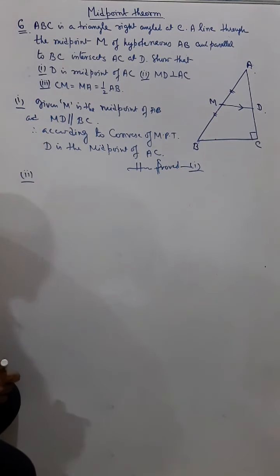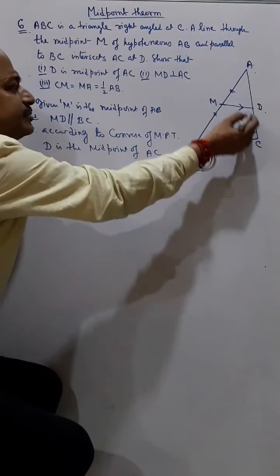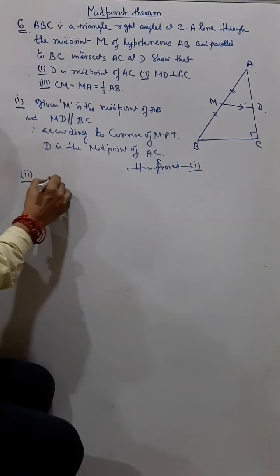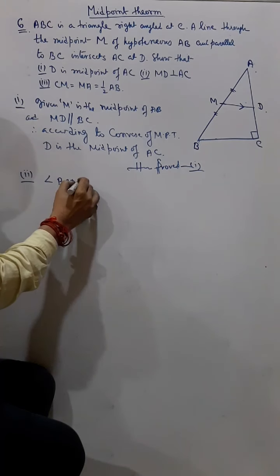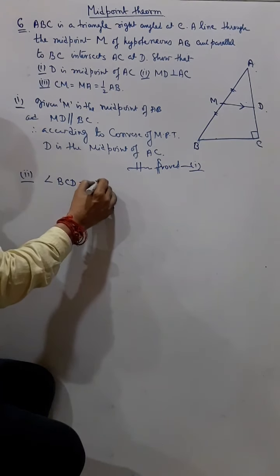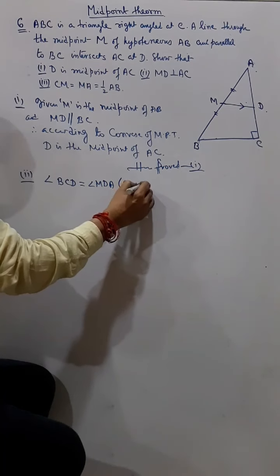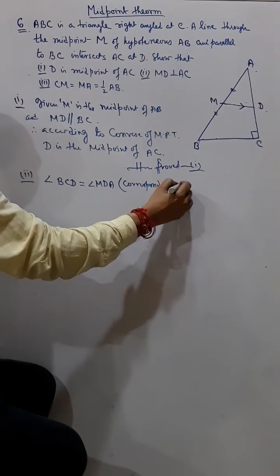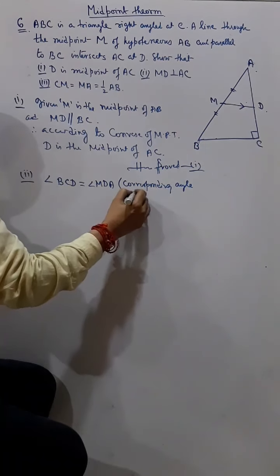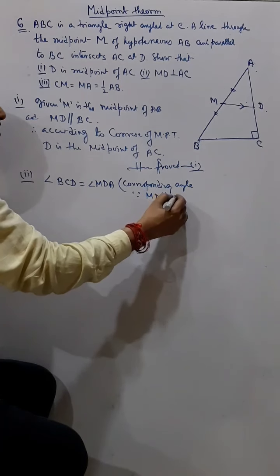Number 2, they told MD is perpendicular to AC. That's easy. You can simply say corresponding angle. We can say that angle BCD equals angle MDA, corresponding angles, since MD is parallel to BC.